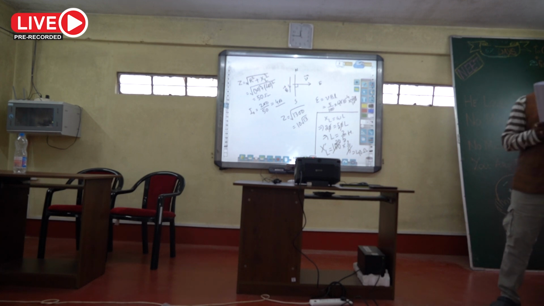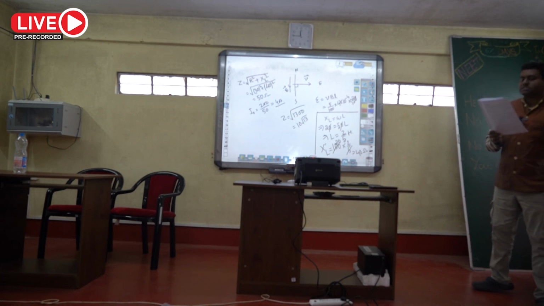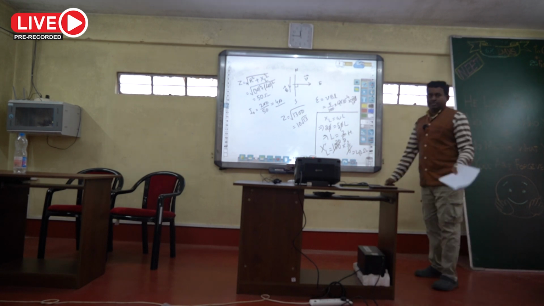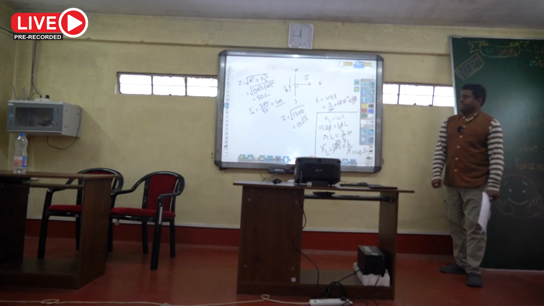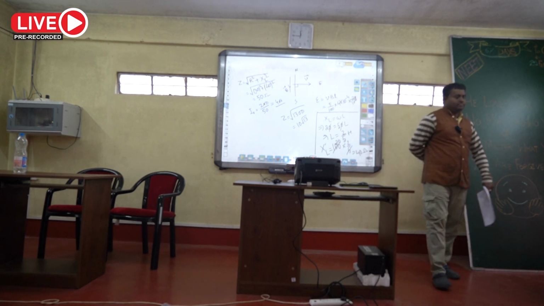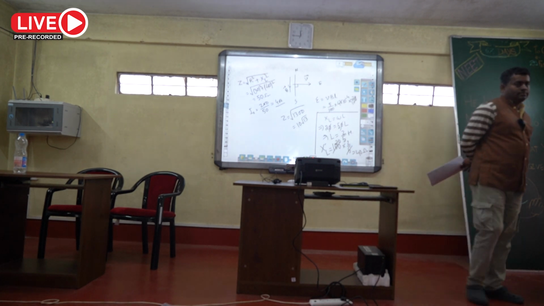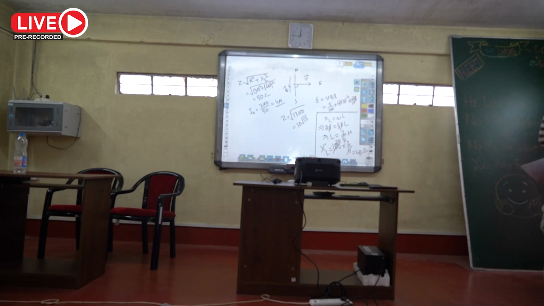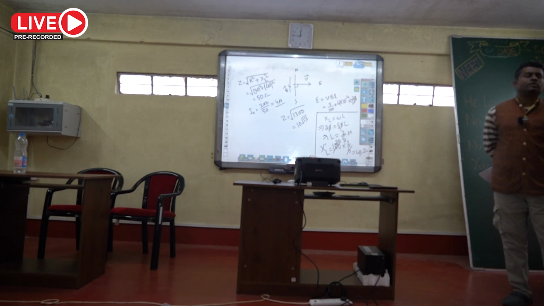What is the refractive index of that medium? First calculate the speed of this wave, then use mu equal to c by v to find the refractive index.